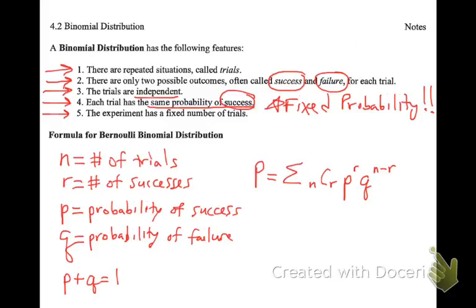For these Bernoulli probabilities, this R is always going to be the exponent on the P. And this N minus R is always going to be what adds up with R to make N. You can think about it in that way. So let's look at some problems. Pause the video now, write down anything you need to.